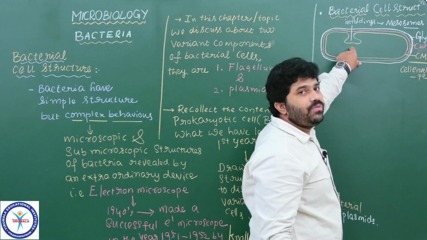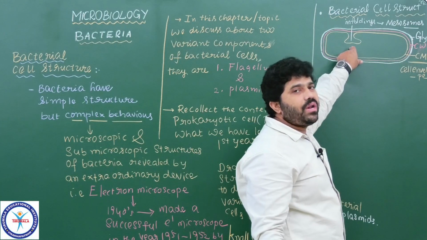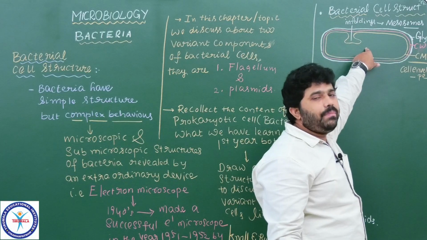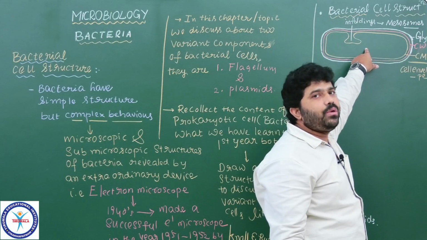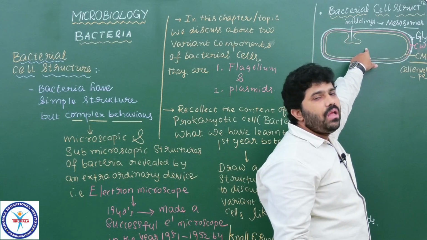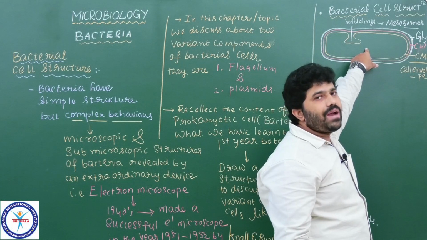It is the mesosome that takes over the function of mitochondria. No cell organelles are present in bacteria, because the bacterial cell is a prokaryotic cell. It is not a eukaryote showing all the cell organelles like mitochondria, lysosomes, Golgi apparatus, everything.